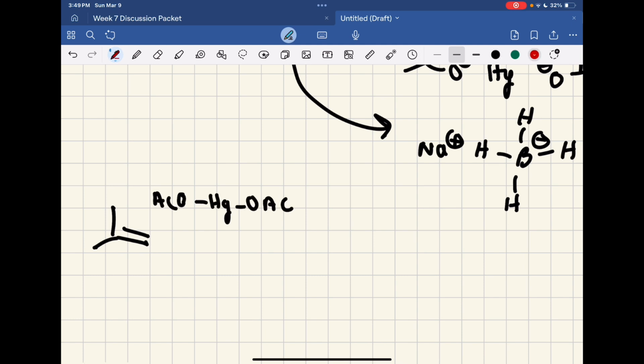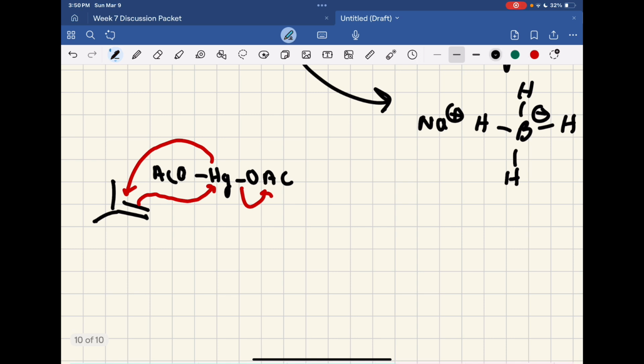This is a concerted mechanism where the nucleophilic pi bond attacks the mercury, breaks one of the acetate molecules open, essentially reforming that halonium bridge like we saw before. But we typically show the mercury also coming back to form the bridge. So that would be a structure that looks like that.